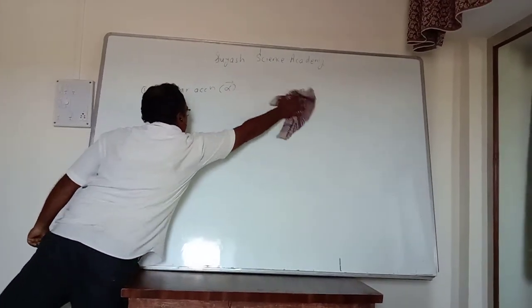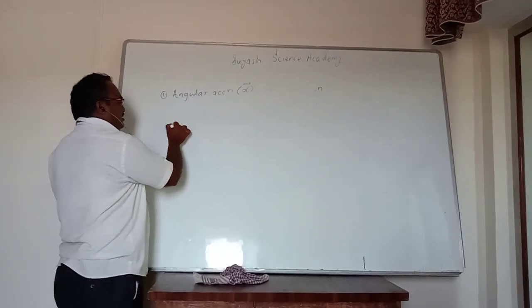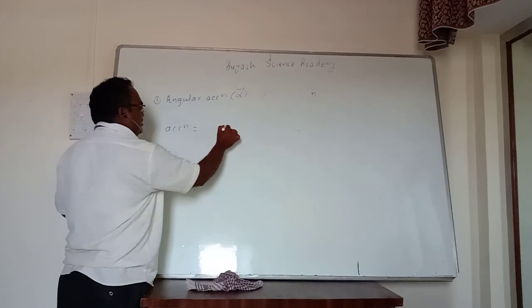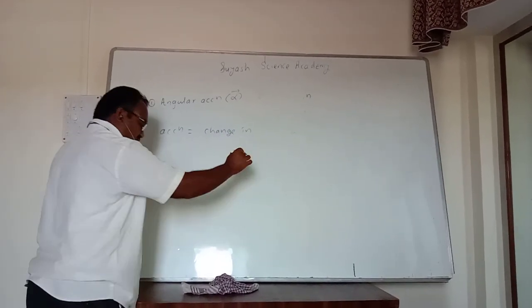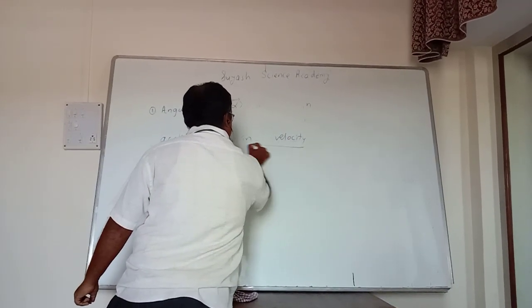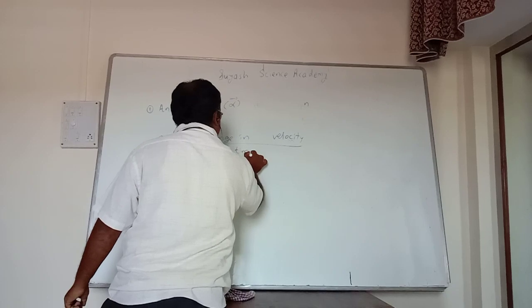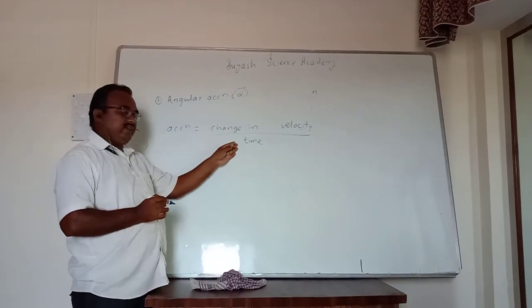Angular acceleration. It is denoted by letter alpha. For acceleration, the simple formula is change in velocity divided by time. So we can define acceleration as the rate of change of velocity with respect to time.